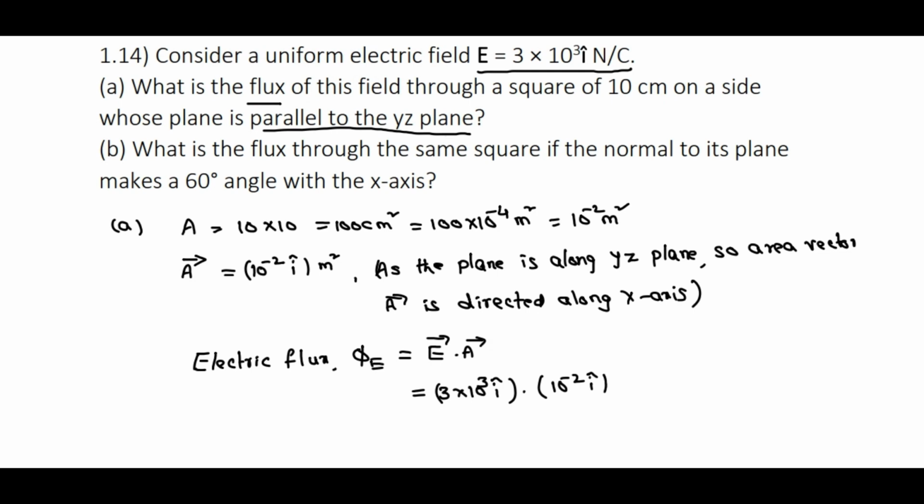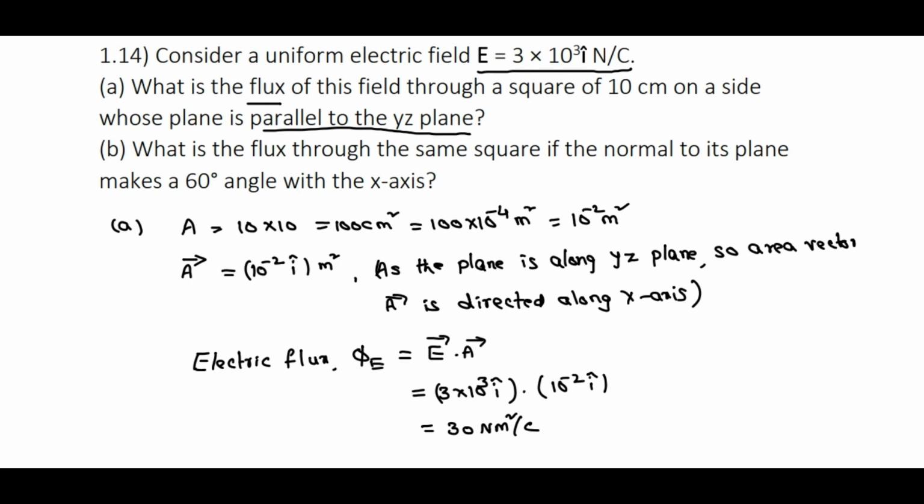Both are in terms of SI system. Its value is, we will get 30 Newton meter square per coulomb. So this is part A.